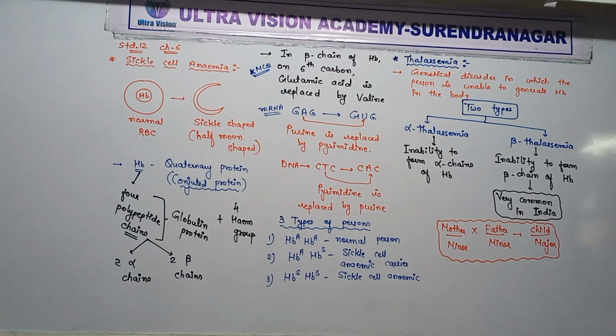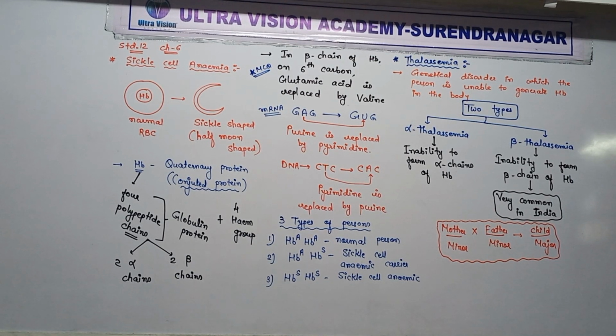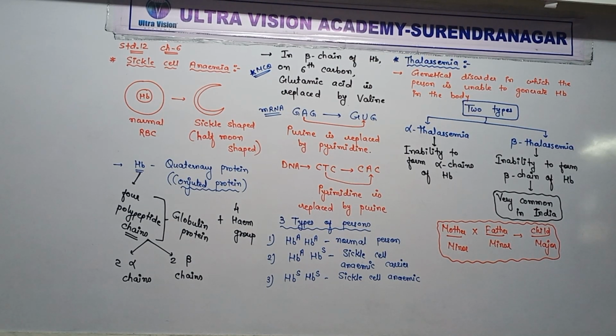Yes, Ankita, what do you want to ask? Sir, in sickle cell anemia, where is... In the whole hemoglobin, only the beta gene is affected. The alpha genes are normal. That's why it is qualitative. There is no quality. Hemoglobin acts as a respiratory pigment but cannot work as it is.